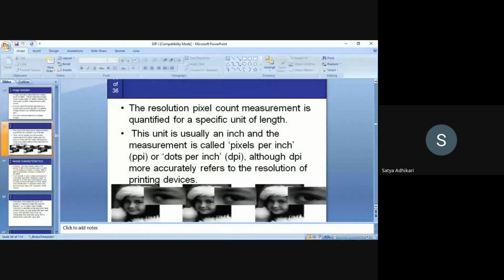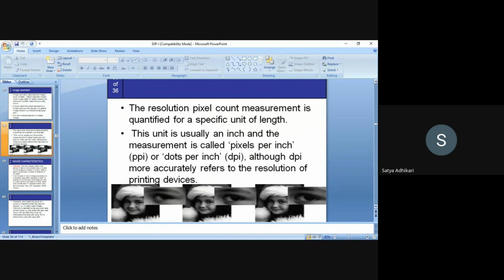If more pixels are there per inch, as the name suggests, take an area of 1 square inch, that is 1 inch breadth and 1 inch length. The number of pixels contained in this area is known as dots per inch.